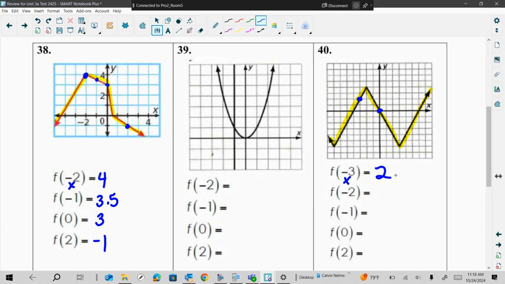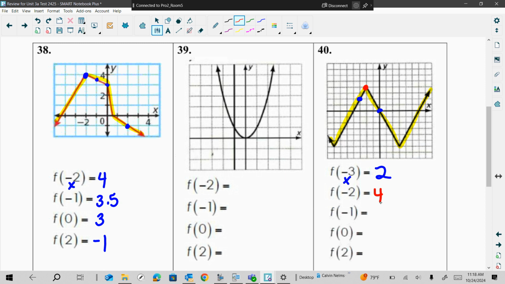Let's try this. Find your f of negative 2. You would go up 1, 2, 3, 4. Come on, try. Don't copy. Don't wait for me to put the answer. Try to get it off the graph, and then write your answer and check it with each other.